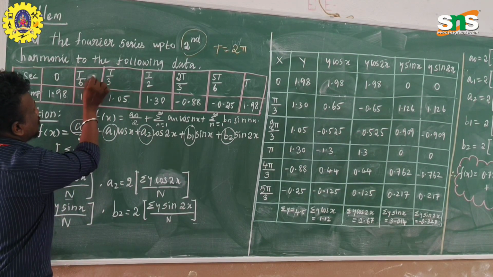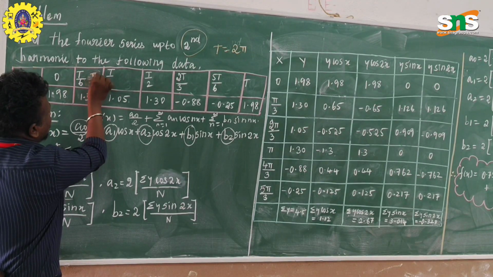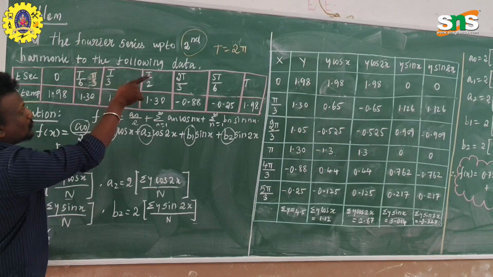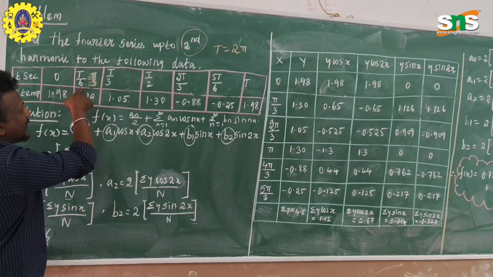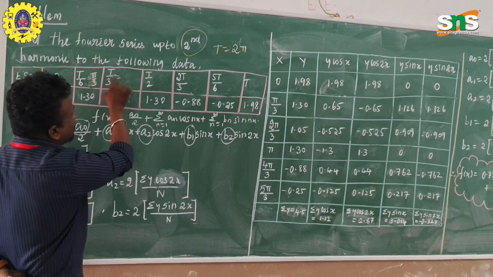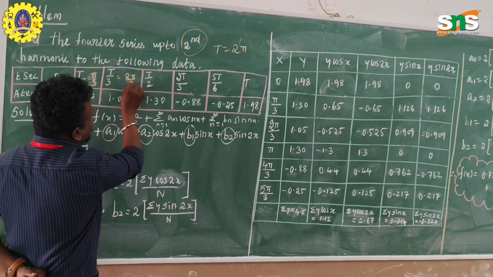Okay, so let us see how it works. So here T is equal to 2 pi. After simplification, it becomes pi by 3, right? When you put T is equal to 2 pi, 2 and 6 can be cancelled, then it becomes pi by 3. Similarly, here after substituting T is equal to 2 pi, you will get 2 pi divided by 3.